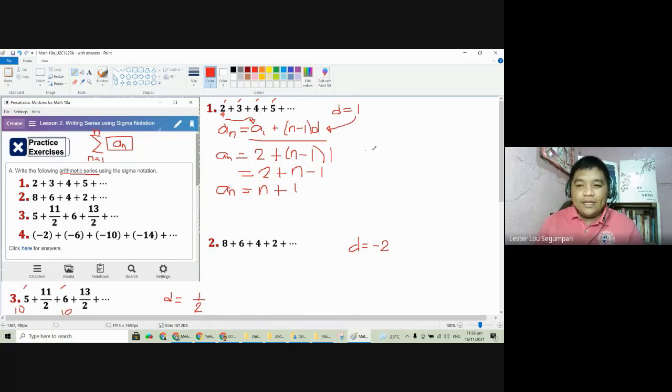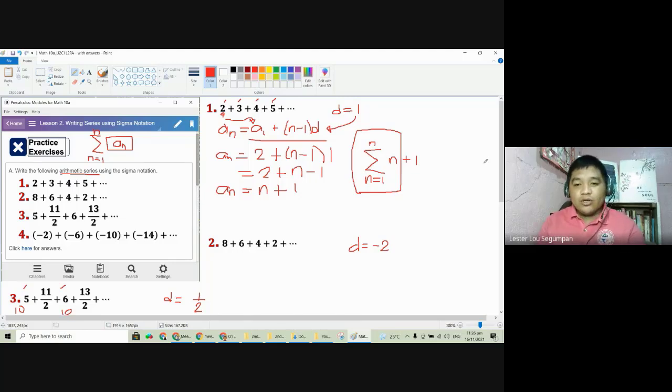And with that, this is the quantity that we are going to place beside this summation notation. Since it doesn't end, n starts at 1 to n, and you will have n plus 1. But wait, it's not yet correct. Why? Because if we treat it like this, it would mean that we first add all n from 1 to n, and then we simply add 1 in the end.